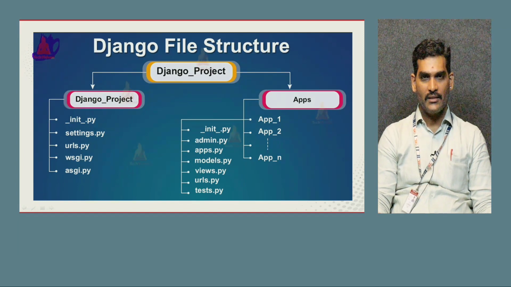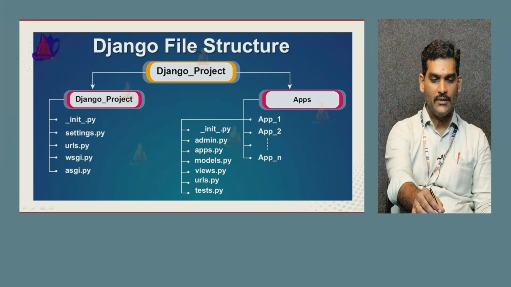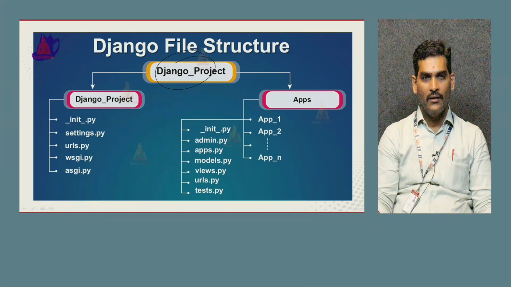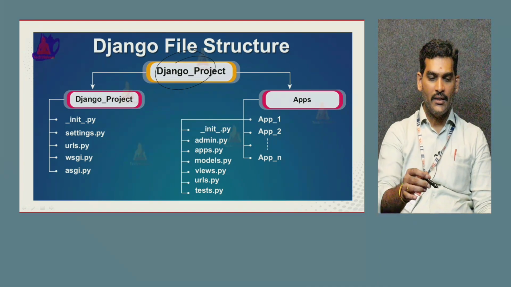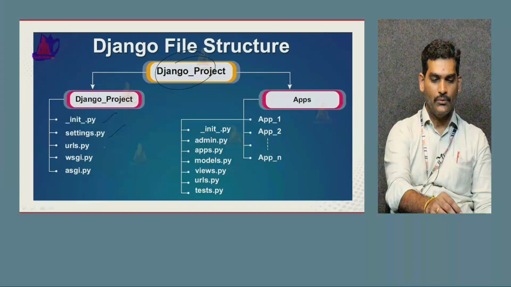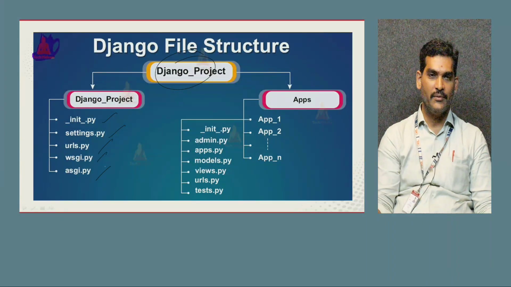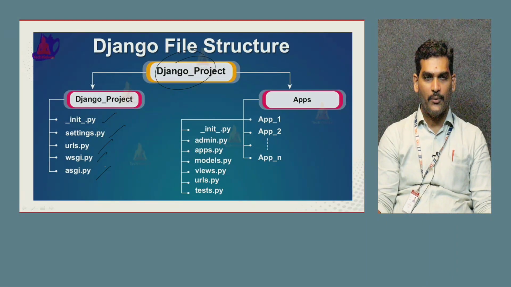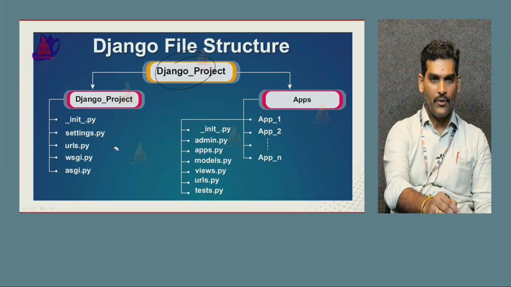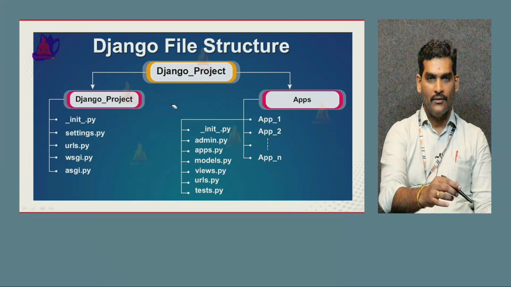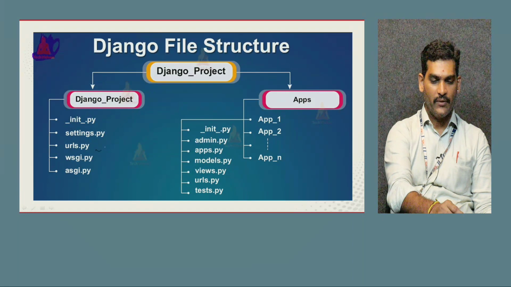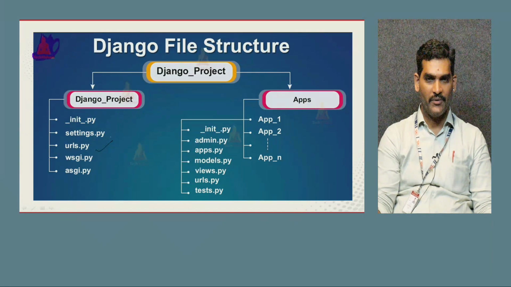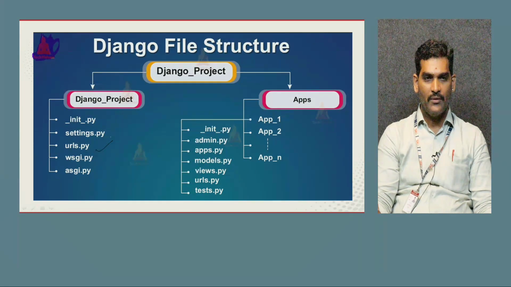Django file structure. Whenever a Django project is created, under the project these five things will be there: init.py, settings.py, urls.py, wsgi.py, asgi.py. By default, whenever a project is created, we have urls.py; no need to create it there.